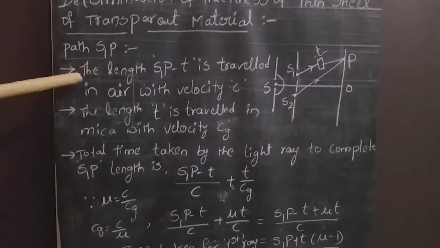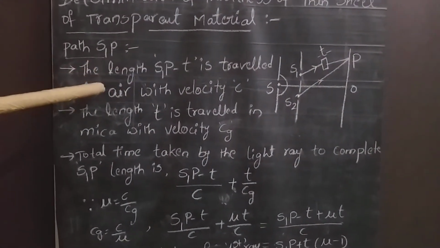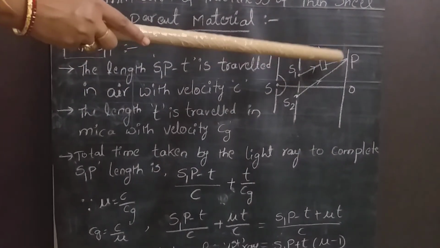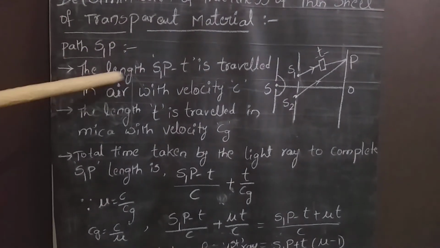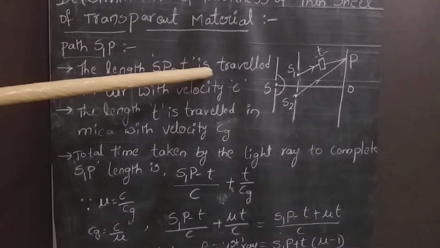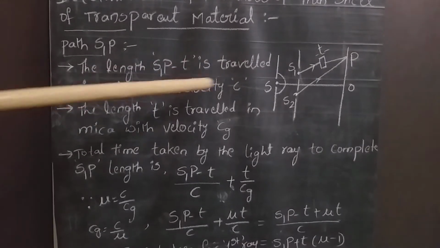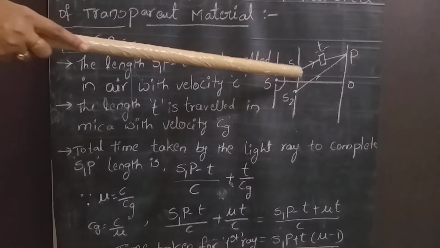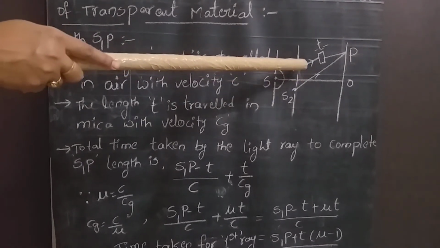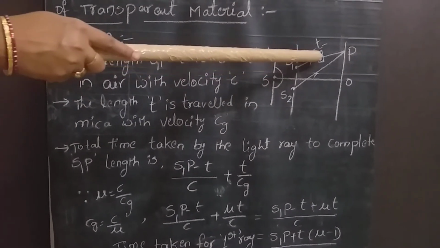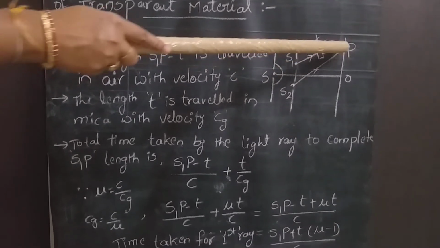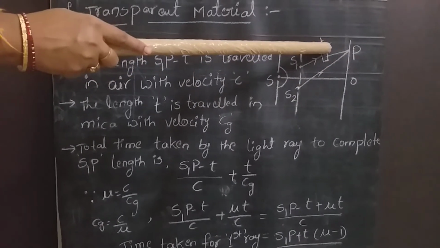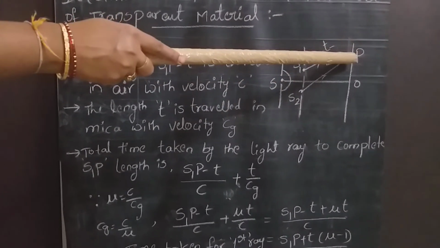You see here, in this point we can see how much distance is travelled by the light ray in S1P with respect to air. The length S1P minus T is the distance travelled in air with velocity c. The light ray which travels in air has length from here to here and also from here to here. That means we need to deduct this T distance from the complete path.